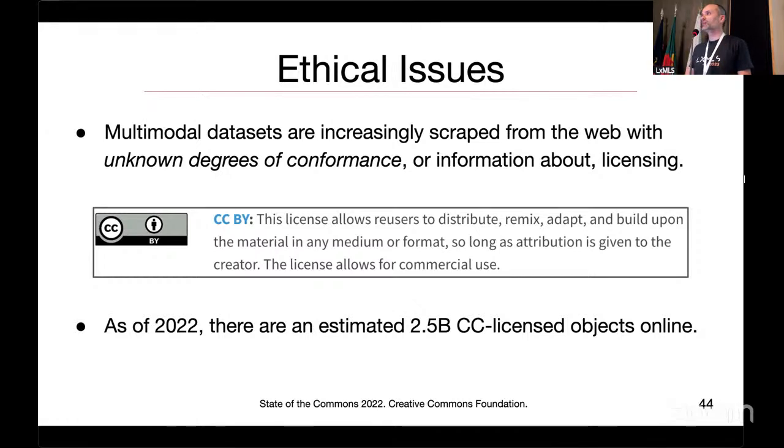The rest of them are things like web pages or photographs or videos or other types of multimedia data. Where is this catalog? It's available in the appendix of the Creative Commons report from 2022. So I think that they have some kind of internal catalog that they keep.